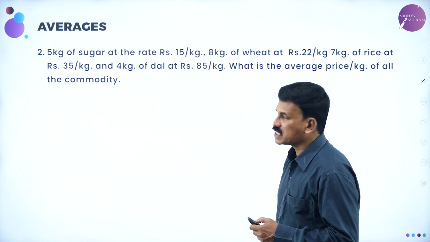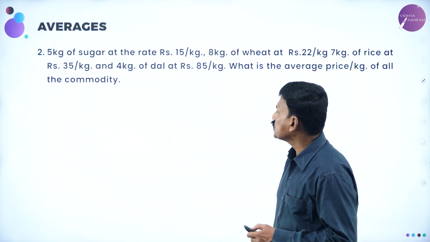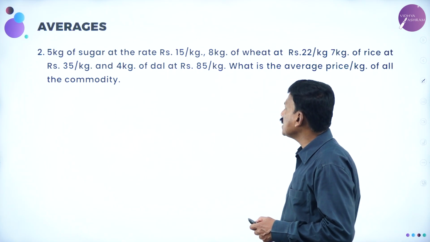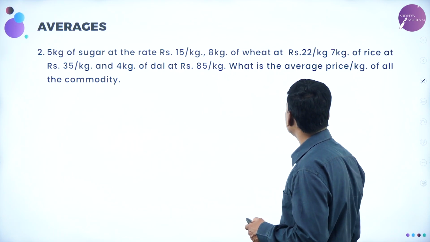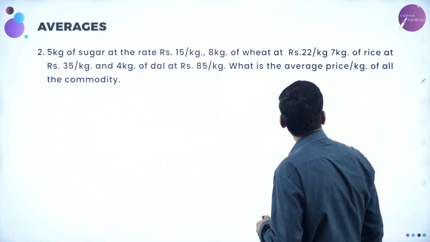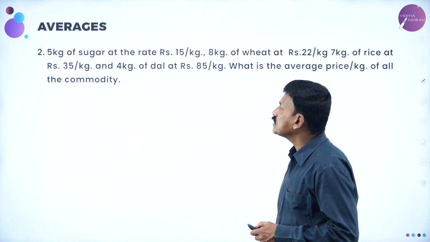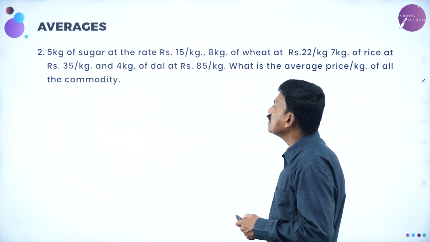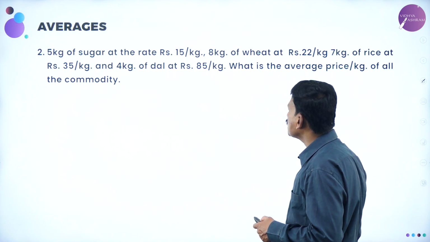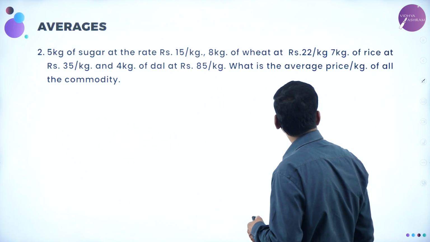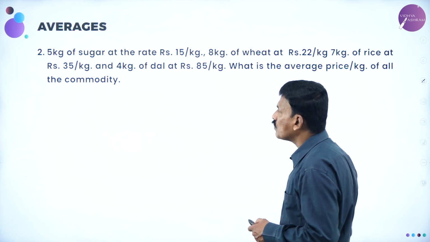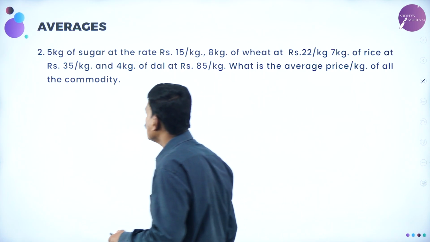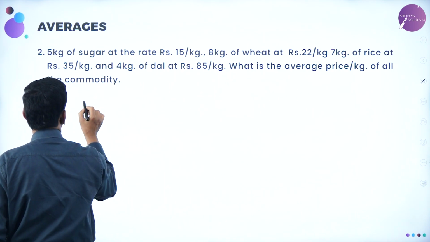Now move on to the next same type problem. 5 kg of sugar at the rate of 15 per kg, 8 kg of wheat at rupees 22 per kg and 7 kg of rice at rupees 35 per kg and 4 kg of dal at rupees 75 per kg. What is the average price per kg of all the commodities? Same type. Here what is given? 5 kg of sugar.